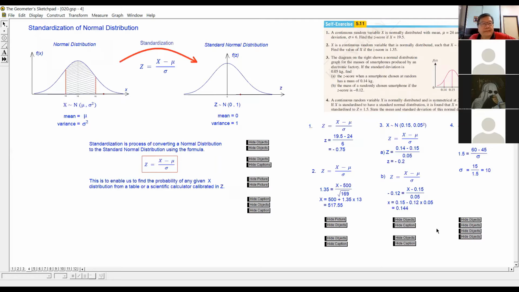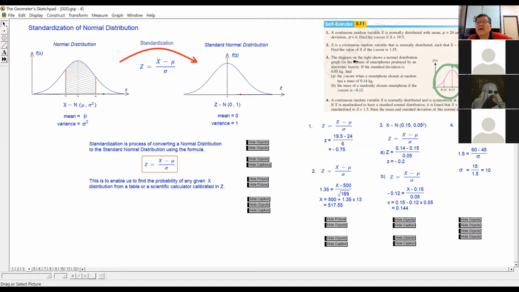But teacher, in question three, the graph shows 0.14 and 0.15. So why is the symmetrical line 0.15? Because it's not between 0.14 and 0.15.